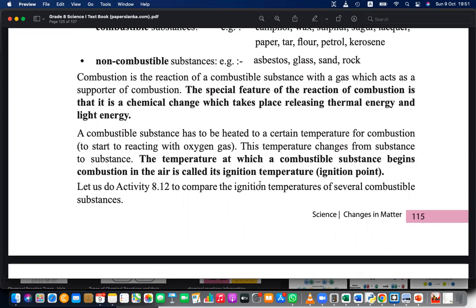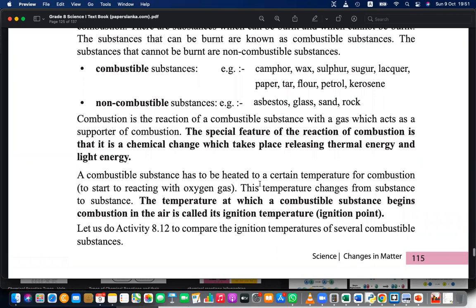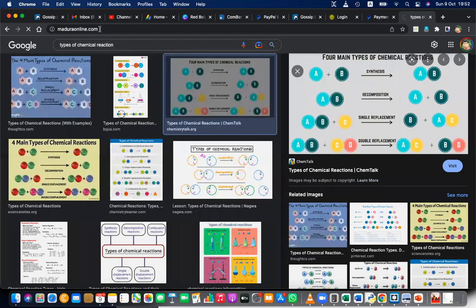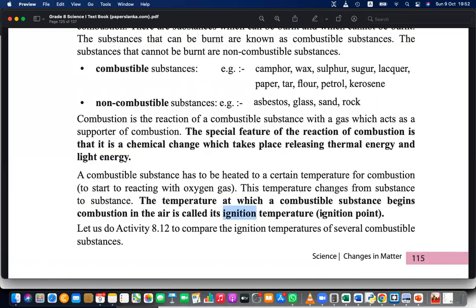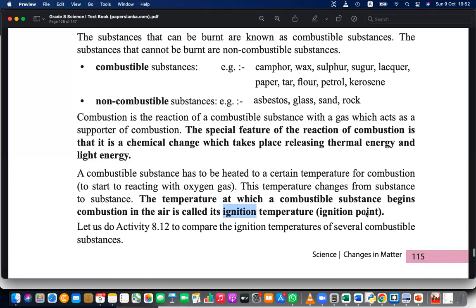So ignition temperature or ignition point. You may have heard of an ignition coil in vehicles. The ignition there is for the petrol: petrol is put in, and the temperature at which the petrol burns is what we call the ignition point, jawalana ankaya in Sinhala. Ignition point. Basically, that is the temperature where the combustible substance begins combustion in the air. Right, that is called ignition.